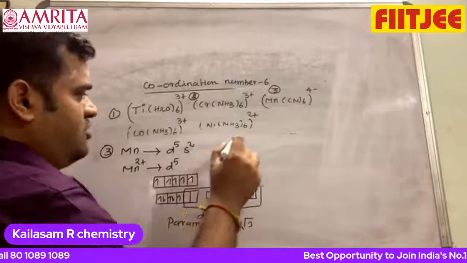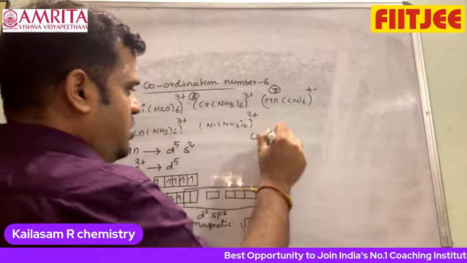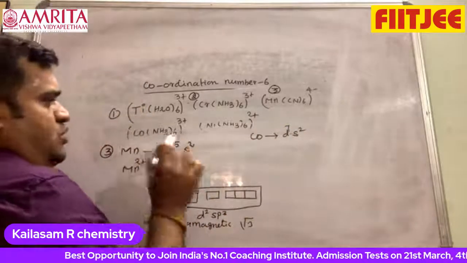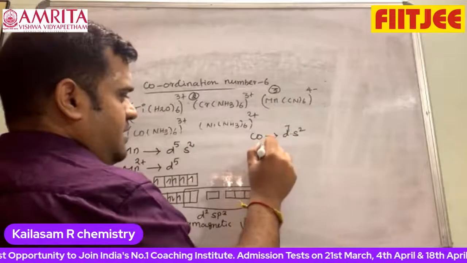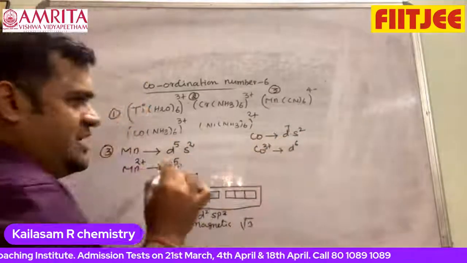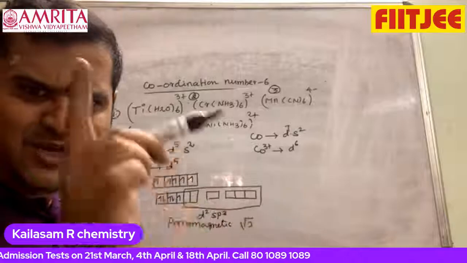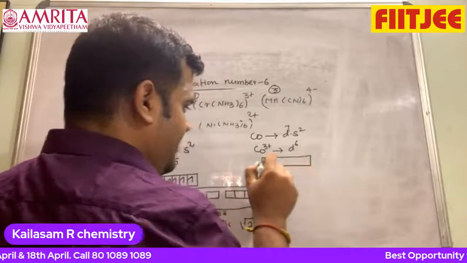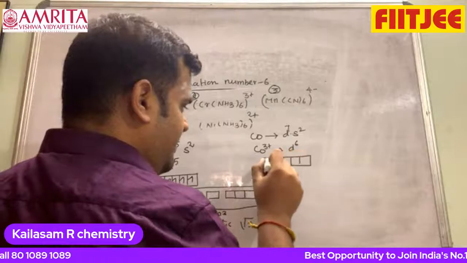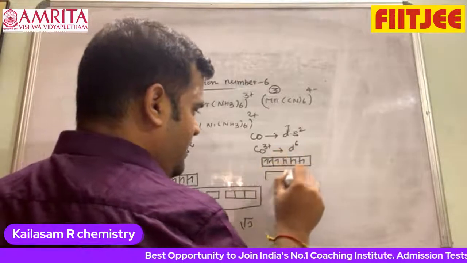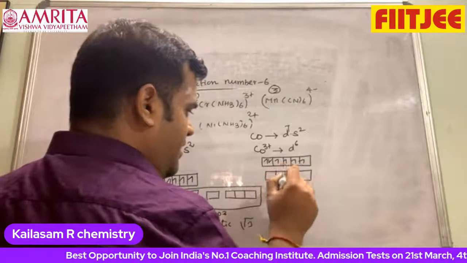Now come to the point of Co. Co is what? D7S2. What is the oxidation state? Co3+. You can say it as d6. What ligand is present? Strong ligand. Strong ligand means what? Pairing takes place. That's all.